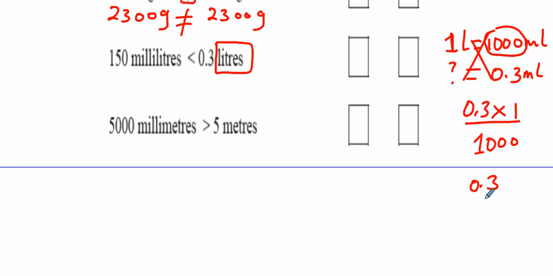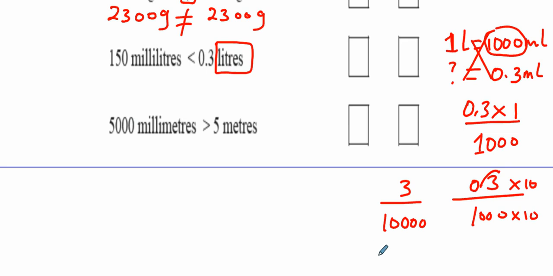0.3 times 1 is 0.3, divided by 1,000. So we have 1 decimal place here, so multiply by 10 here and here. 0.3 times 10 is 3, and 1,000 times 10 is 10,000. Count the zeros: 1, 2, 3, 4.